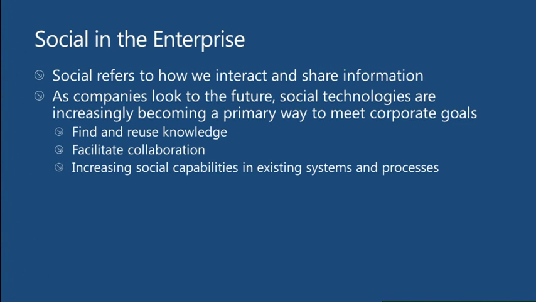There's other supporting evidence, and I'm going to talk about that in just a second. But social in general is not simply Facebook. Social, in a broader sense, is how we interact and share information with each other. As companies look toward the future, they're using social as a way to find information and reuse it, or to locate colleagues.